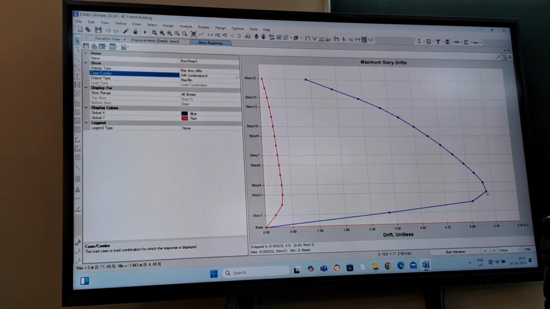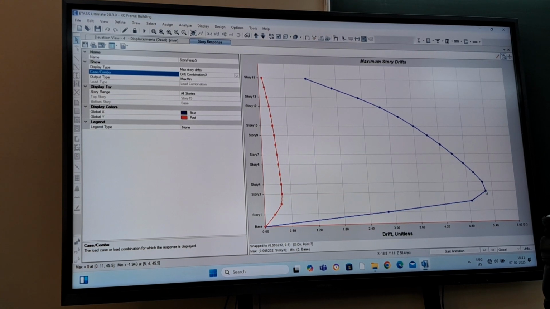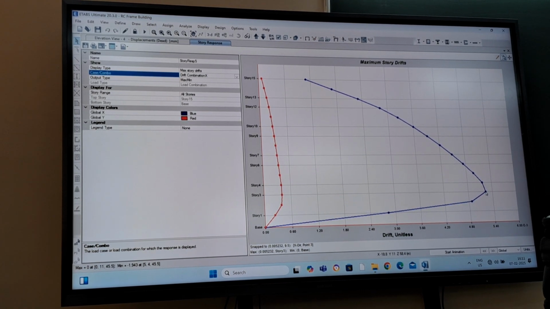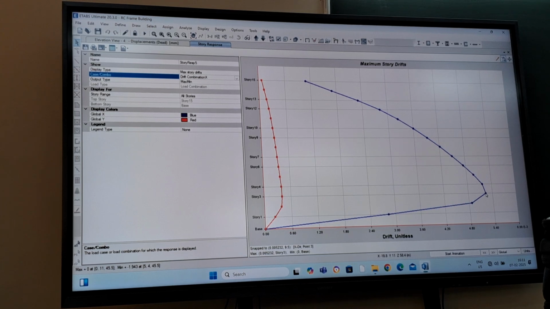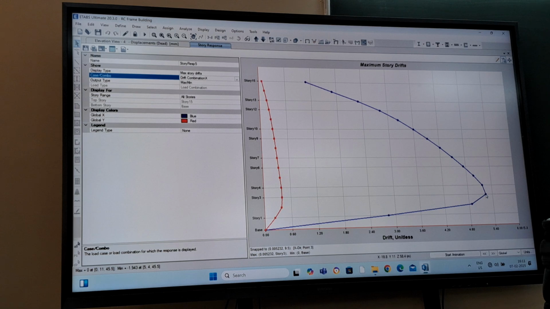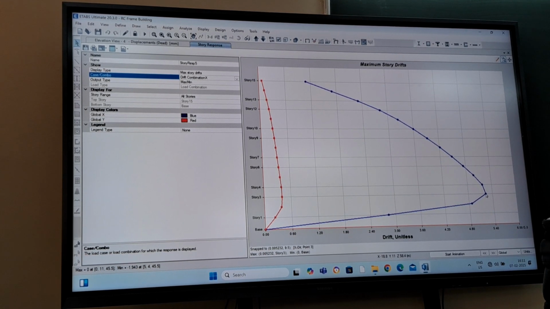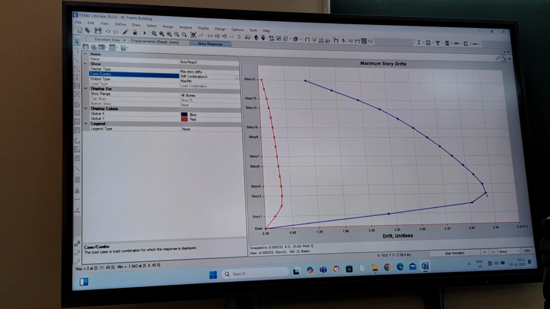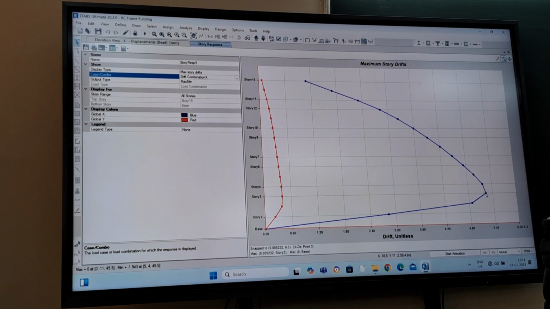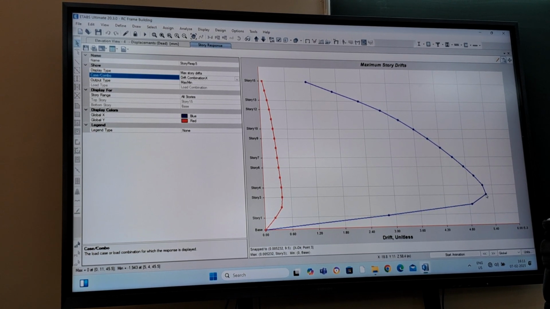Initially it was 0.002, now 0.0052. The limit is 0.004, so it exceeded. I was thinking it was 0.000 something, so I thought it had not exceeded. Okay, fine. So it means we have to make the structure stiffer. Still it is not satisfying the criteria.